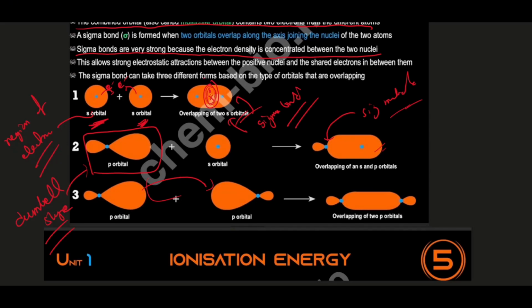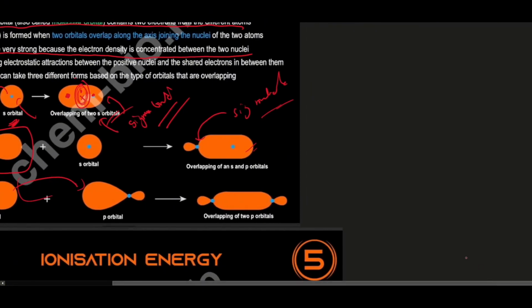As a result, the force of electrostatic attraction between the nuclei is strong. Like s orbital, this is the nucleus of one element A, and that's the nucleus of element, let's say, B. So element A and element B, or the elements could be of the same type. Let me use an example and then I can show you.